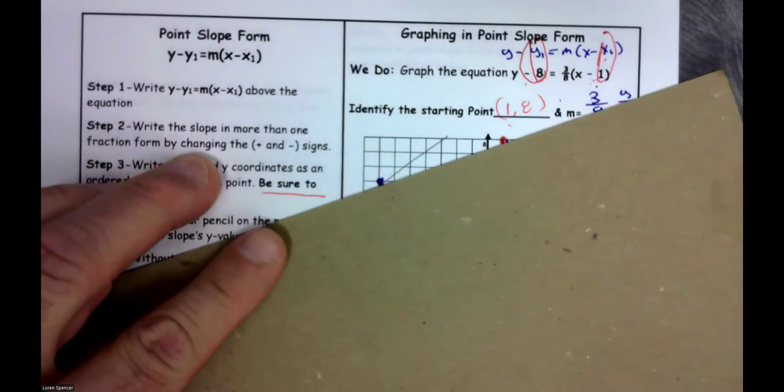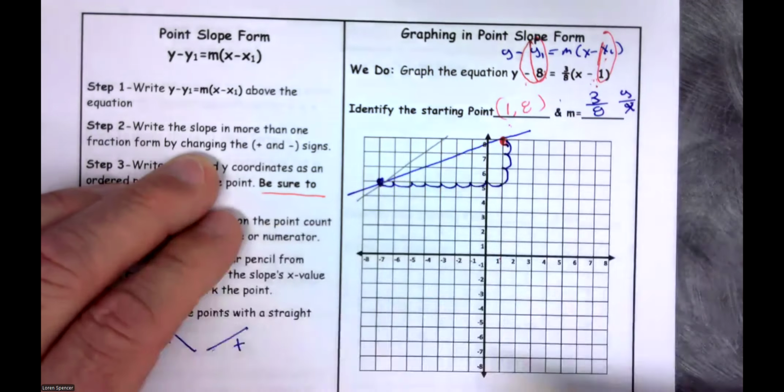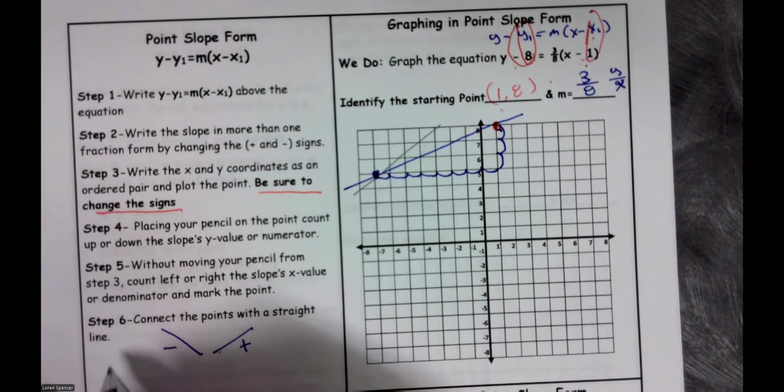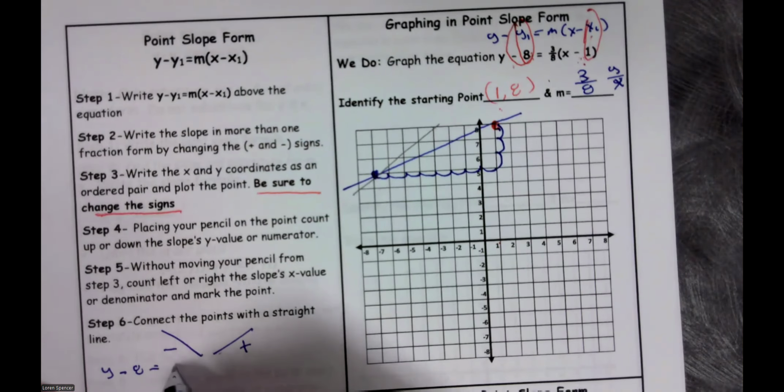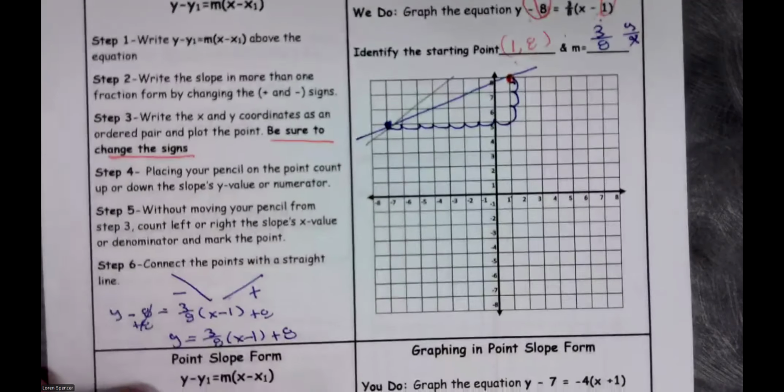Now, as it turns out, I can still go back to Desmos, and I probably should, and graph that. So to check it out, we have y minus 8 equals 3/8 x minus 1. Well, if I add 8 to both sides, this goes away. Now I have y equals 3/8 x minus 1 plus 8.